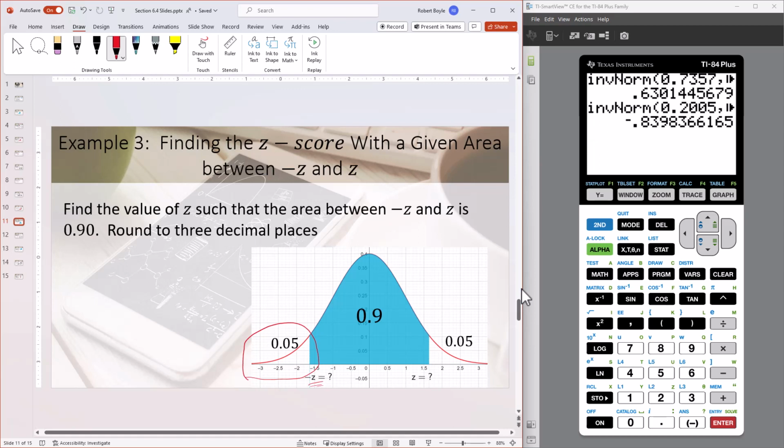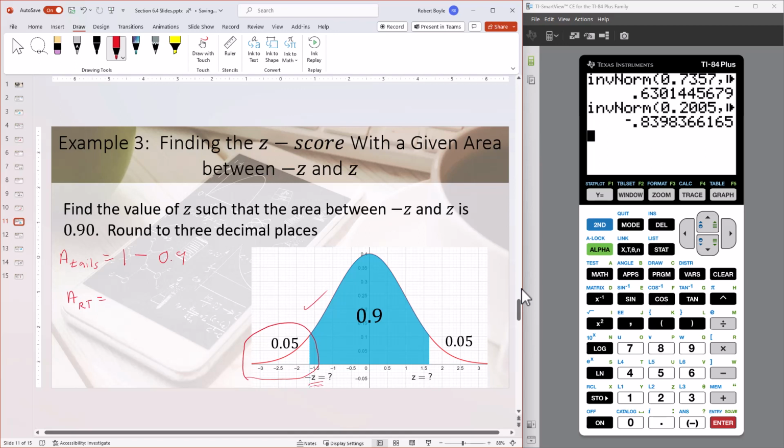So if our total area is 0.9, then the area in the tails, and that is both tails, this tail and that tail, is going to be 1 minus 0.9. And then finally, the area in the right tail is going to be 1/2 of that.